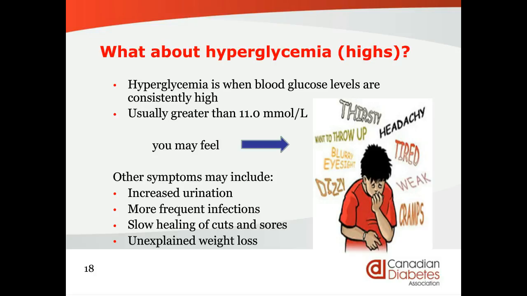Other symptoms may include increased urination. And a lot of people think that because they're going to the washroom, that is why they need to drink more, because they are passing so much urine. More frequent infections, cuts and sores that are slow at healing, unexplained weight loss. These are some of the signs of hyperglycemia, or highs.